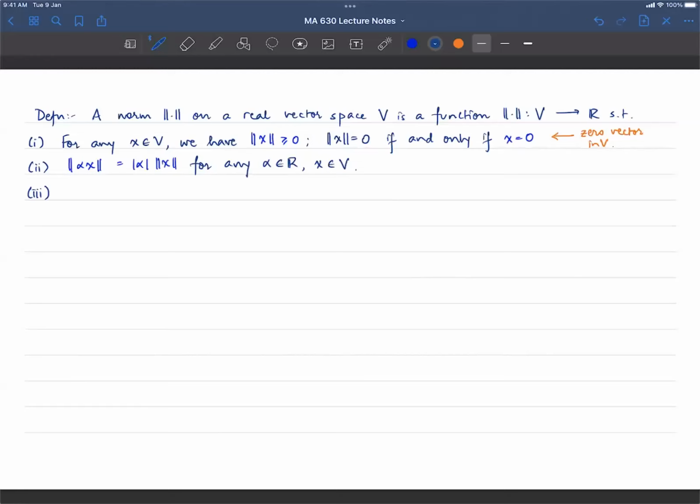It says that for any x, y in V, we have norm of x plus y less than or equal to norm x plus norm y. This last property is called the triangle inequality.